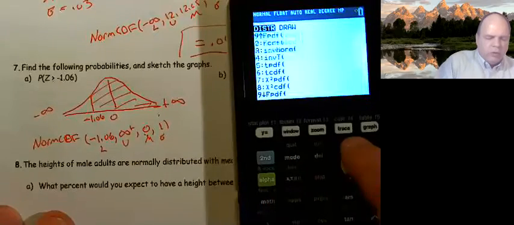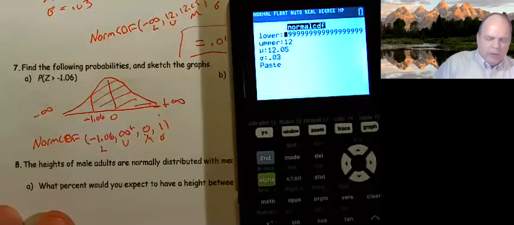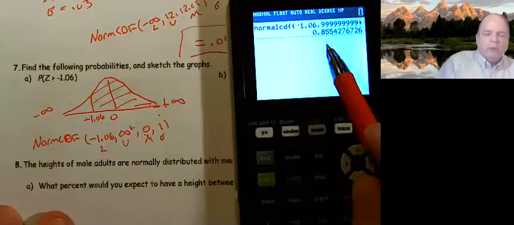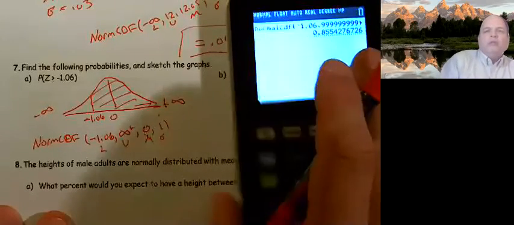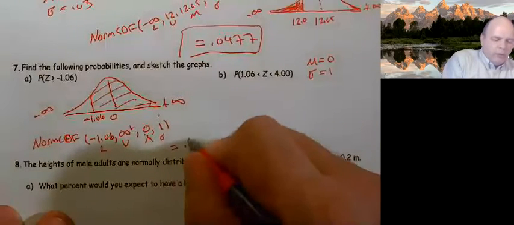Second vars, normal, CDF. Lower bound, negative 1.06. Upper bound, load that up with about 10 nines or until you get tired. Mean was 0, standard deviation 1. And once again, remember, all z-scores have a mean of 0 and a standard deviation of 1. So this is 0.8554. Once again, 4 decimal places.